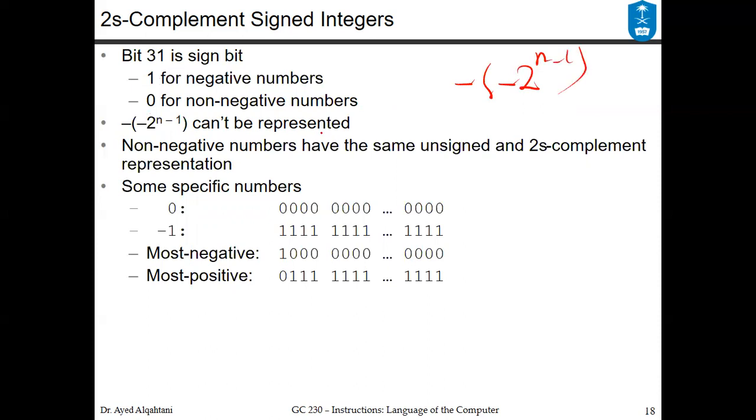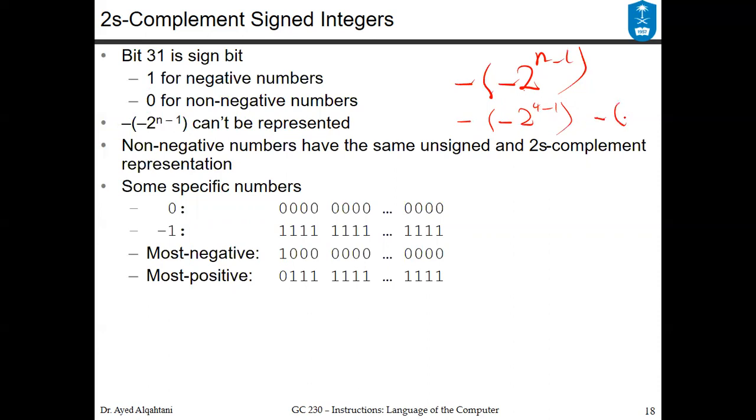And I'll give you a 4-bit example as a simple question. If we have n = 4, meaning 4 bits, then 2 to the power of 4 minus 1, and we take the minus sign. You know that this is minus 2 to the power of 3, which is minus 8.